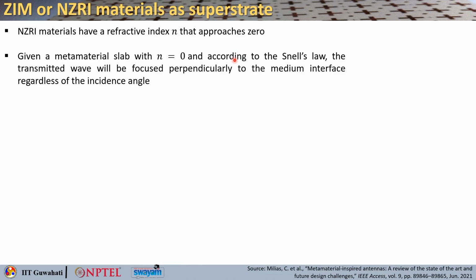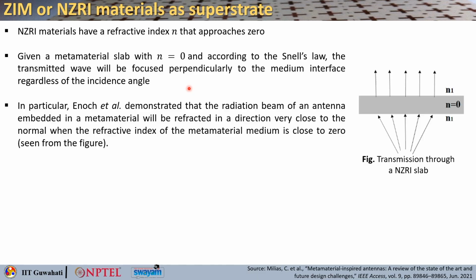First, let us consider zero index material or near zero refractive index material as a superstrate. Near zero refractive index material has a refractive index close to 0, as is obvious from the name itself. Now, given a metamaterial slab with a refractive index close to 0, according to Snell's law, the transmitted wave will be focused perpendicularly to the medium interface regardless of the incident angle.